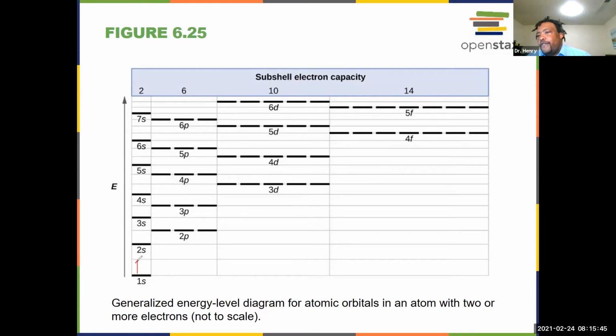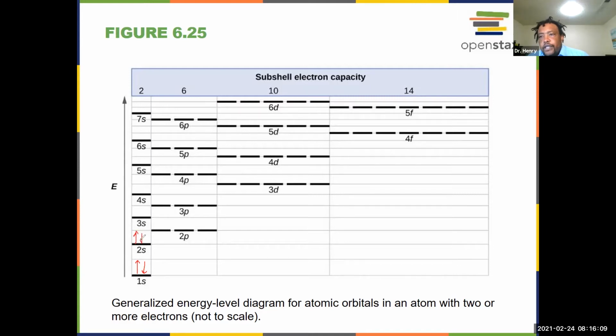Okay, so we start here. This represents the first electron. That represents up, means that it's going in the positive direction in terms of the spin. This guy would be going in the opposite, the negative direction. So that's negative a half. That's 1, 2. We'd fill the 1s first.